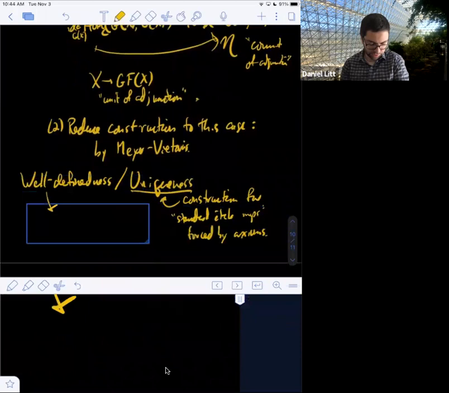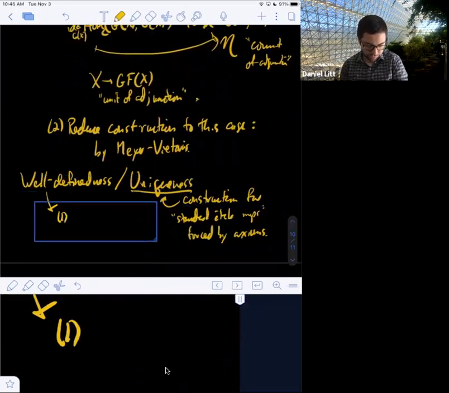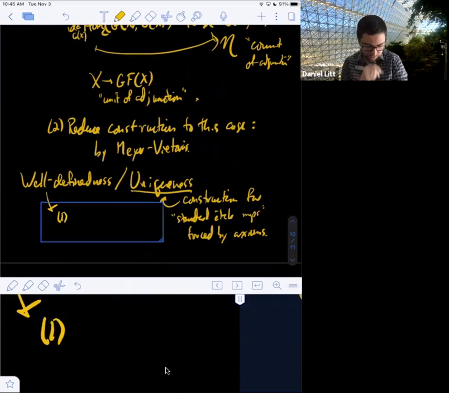So there are two choices we made when we described this trace map earlier. One of them was the choice of an open set.